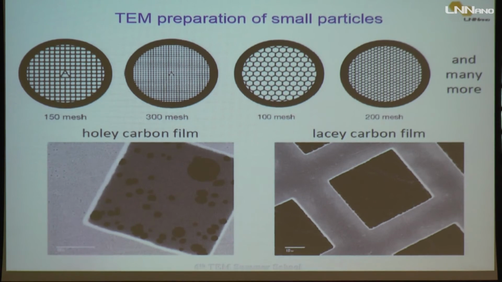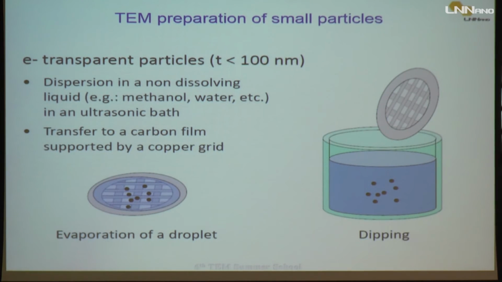And these grids will have the possibility also to have carbon film, lacy carbon film, silicon nitride, many possibilities of these windows to deposit your material, your particulated material.